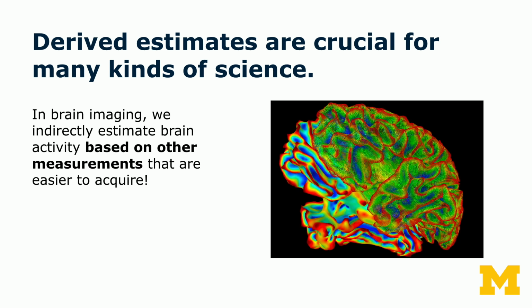So in fact, in neuroimaging or brain imaging, we really can't directly measure what sort of brain activity is going on in a person who's behaving. We really don't have a nice and easy way to stick something to measure your neural activity inside your brain while you're up and moving about and doing all sorts of things that we might like to study.